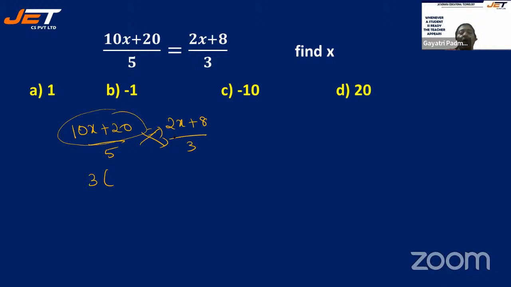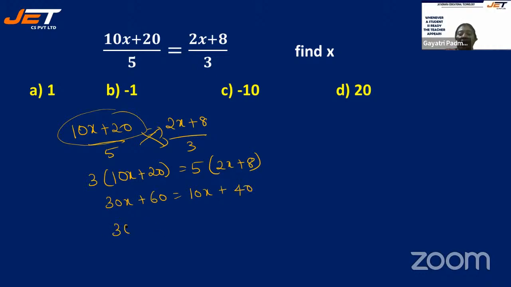No, this 3 belongs to the entire expression. So 3 into 10x plus 20. Similarly, 5 into 2x plus 8. This 5 belongs to 2x, and 5 must be multiplied by 8 also. So 3 into 10 is 30x plus 3 into 20 is 60. 5 into 2x is 10x plus 5 8s are 40.